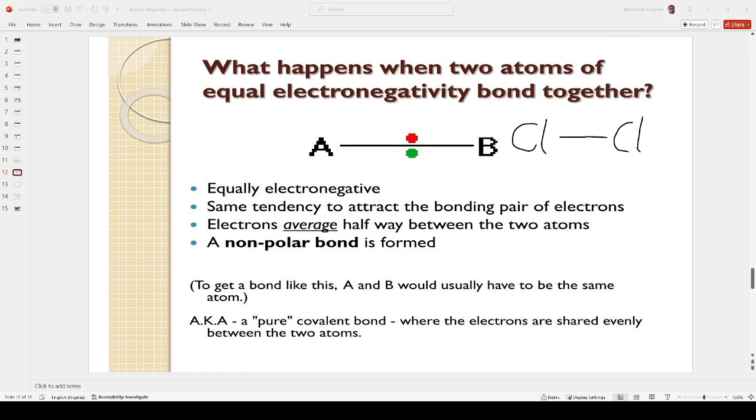Both are bonded together, having the same amount of power to attract electrons. This is a 50-50 scenario whereby a non-polar bond is formed. Unlike what I described in the hydrogen chloride molecule, whereby a polar bond is formed between hydrogen and chlorine atom.